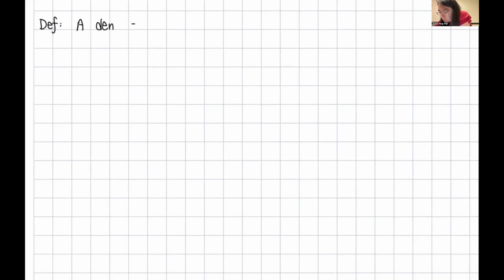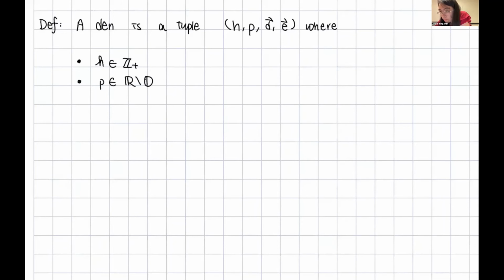A den and nest is a tuple with four things, h, p, d, and e, where we have some criteria. Our h has to be a positive integer. And then our p has to be an irrational number. And then our d is a vector starting from d0.